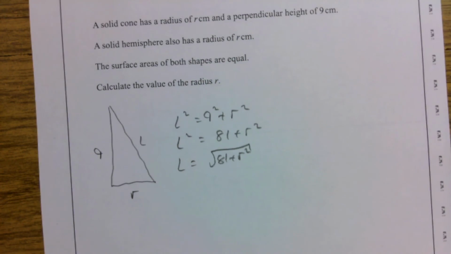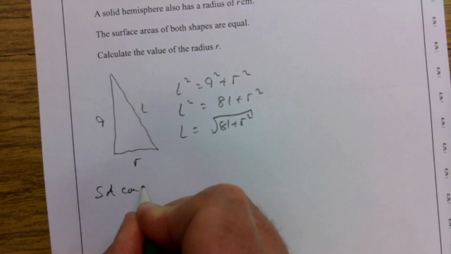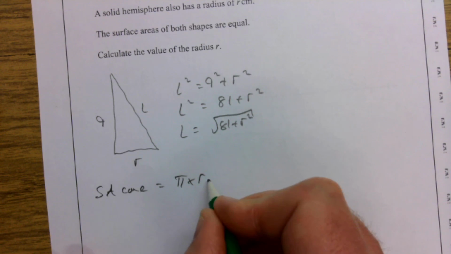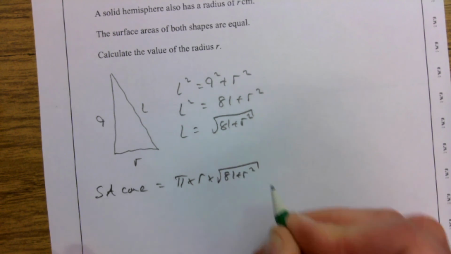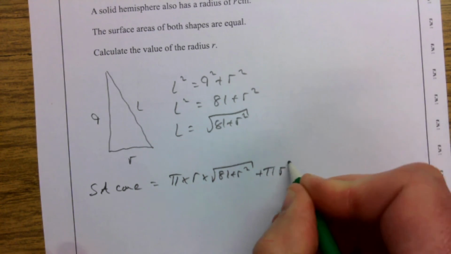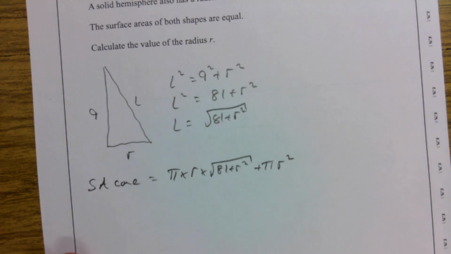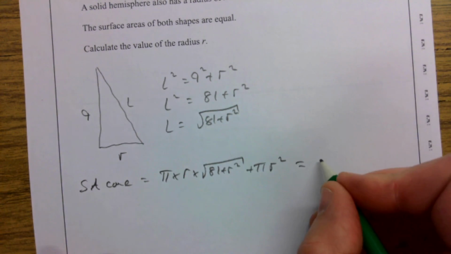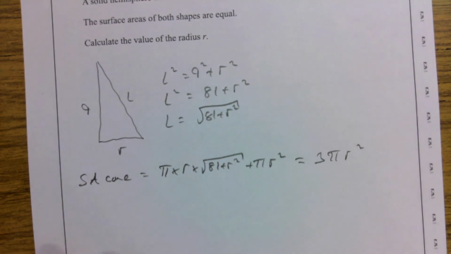So the surface area of the cone is going to be pi times r times the square root of 81 plus r squared, plus pi r squared, and that's then set equal to the surface area of the sphere, which is 3 pi r squared.